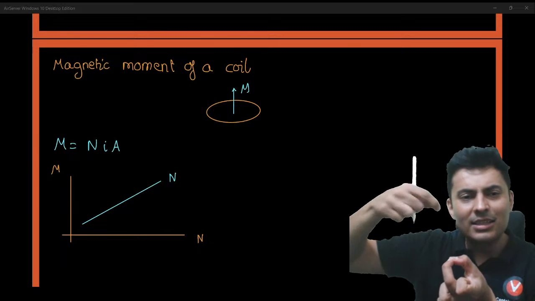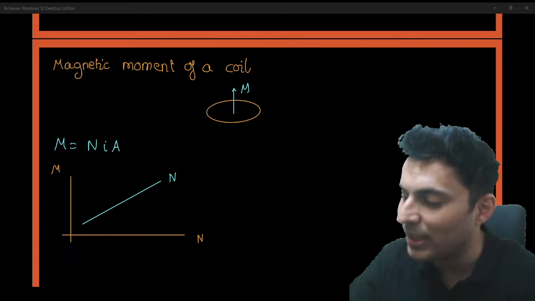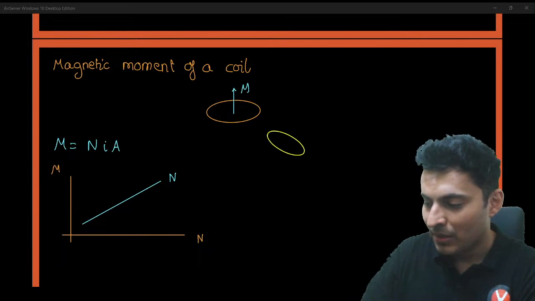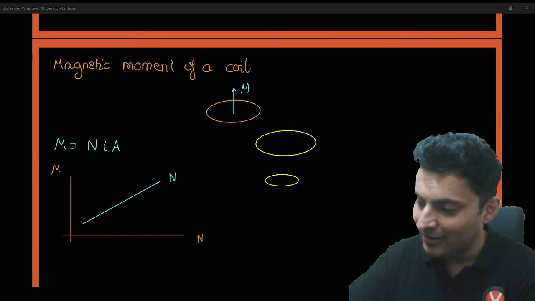If I make many turns, 5-6 turns, won't the coil become small? Are you able to visualize this? If you make only one turn, it will be like this. If you make two turns, the coil will become smaller.